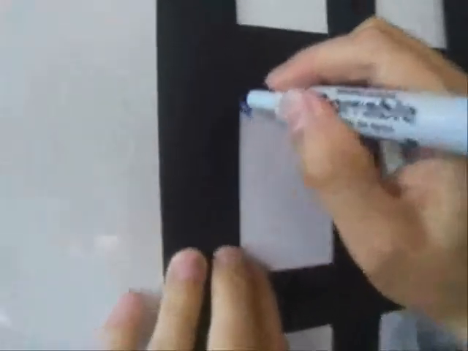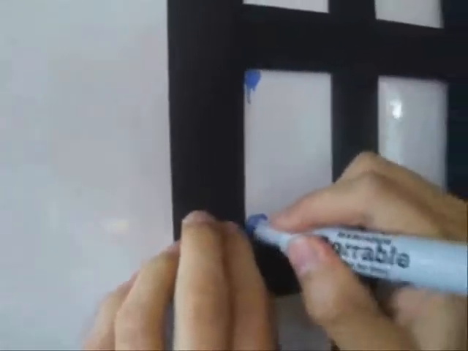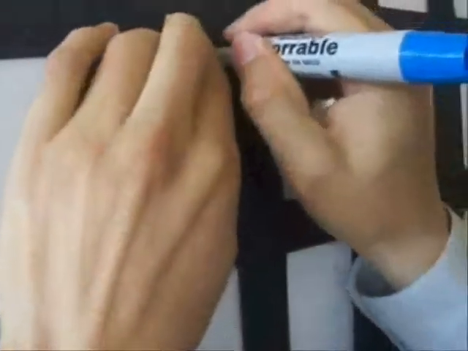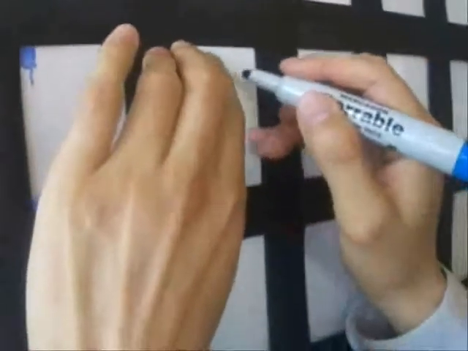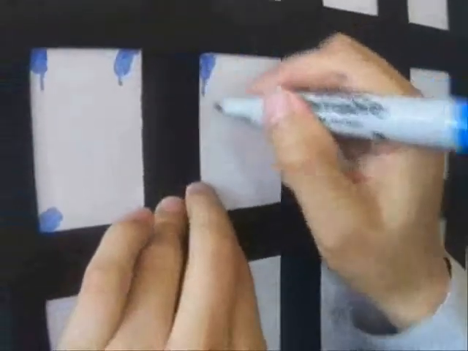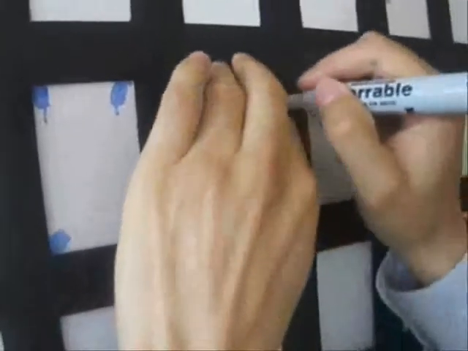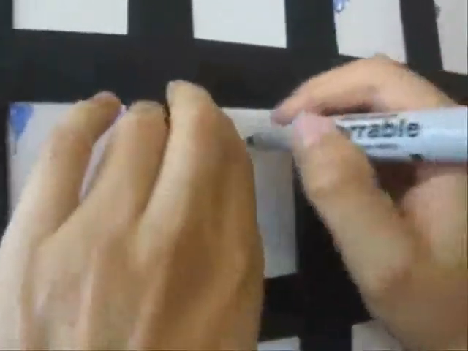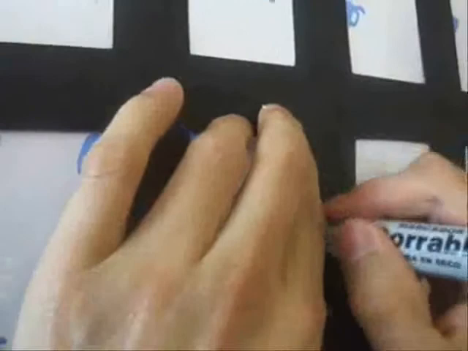Letter K, 1 and 3. L, that's 1, 2, and 3. M, that's 1, 3, and 4. Letter N, that's 1, 3, 4, and 5. Letter O, that's 1, 3, and 5.